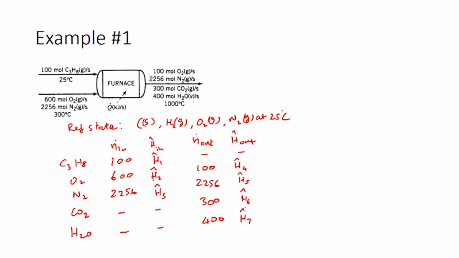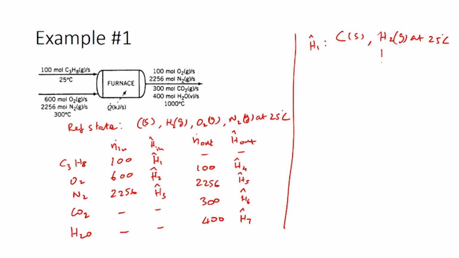Let us now see what is actually the process where this enthalpy is being formed. Let us look at H1 cap. So, what is H1 cap? You have the reference state which is carbon solid and hydrogen gas all at 25 degrees Celsius and 1 atmosphere going to C3H8 gas at 25 degrees Celsius.